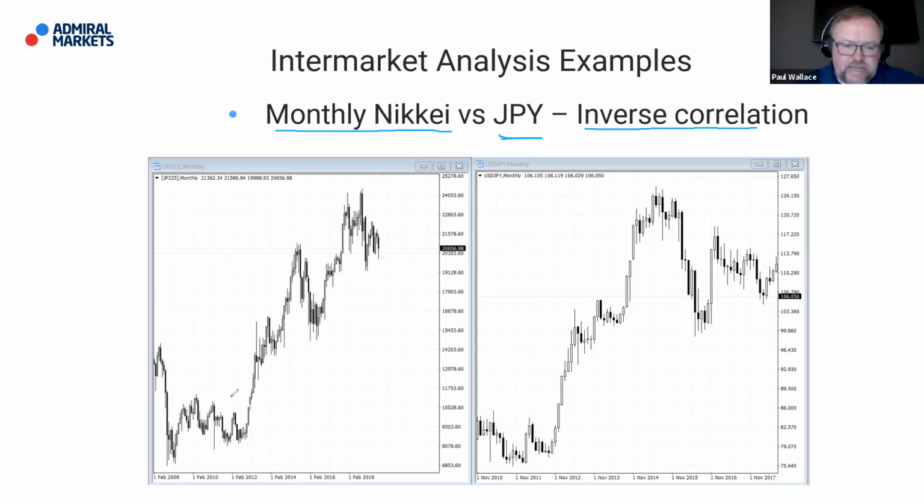Over the last few years in the monthly chart, we've seen that the Japanese Nikkei, which on the Admiral Markets MT4 platform is JP225, has been in overall quite a strong uptrend. And at the same time, we saw a big strong move up in the dollar against the Japanese yen.